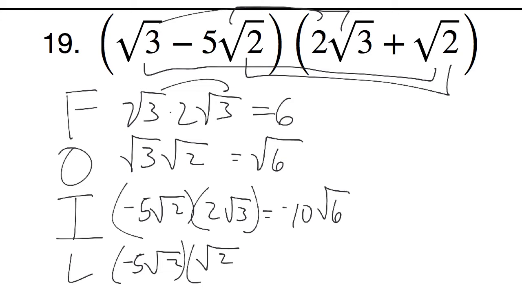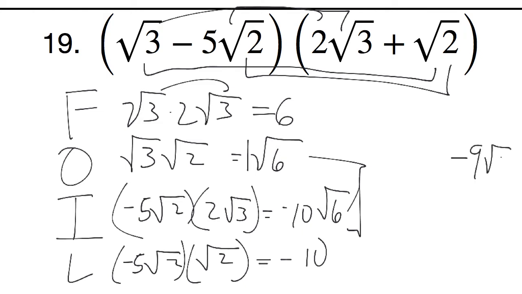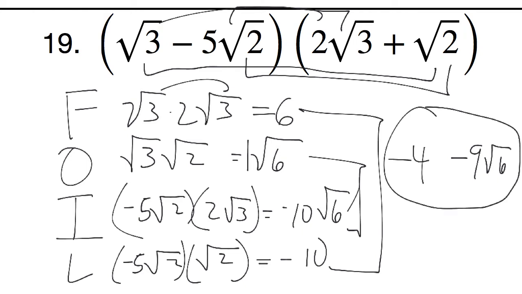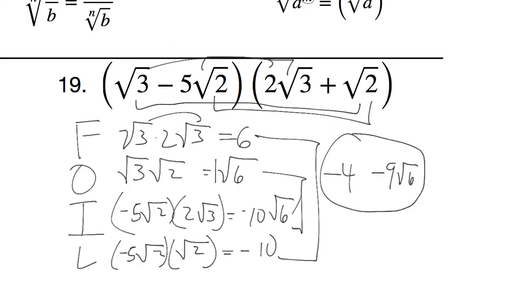The square root of 2 times the square root of 2 is 2, times negative 5 is negative 10. We can even combine a couple of these. The square root of 6, 1 square root of 6 plus negative 10 square roots of 6 is negative 9 square roots of 6, and 6 plus negative 10 is negative 4. And that is our answer, negative 4 minus 9 roots of 6.